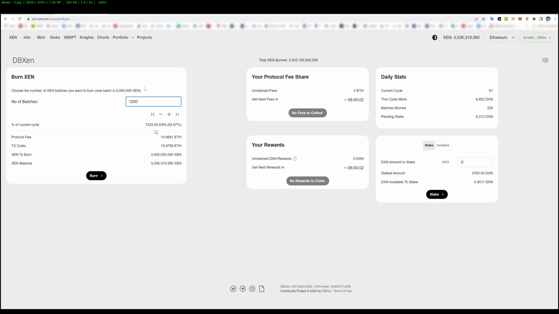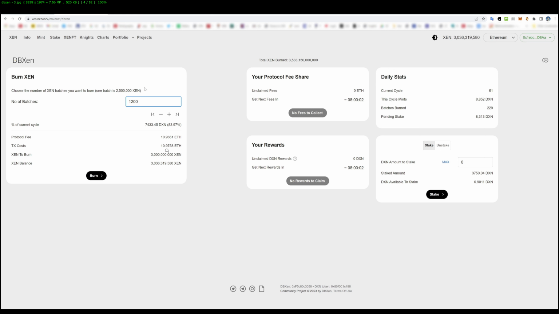The calculation on Zen.network is pretty much the same. For instance, I want to do 1200 batches, so I want to burn 3 billion Zen, but I don't have 11 Ether in my wallet, and this cost here is way exaggerated.